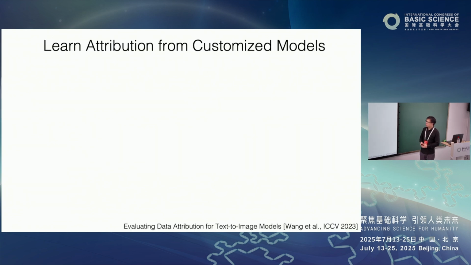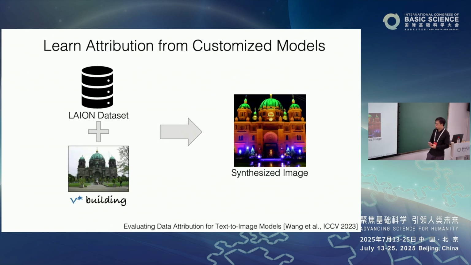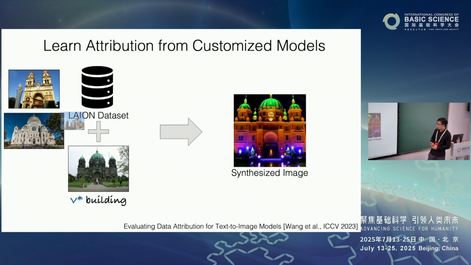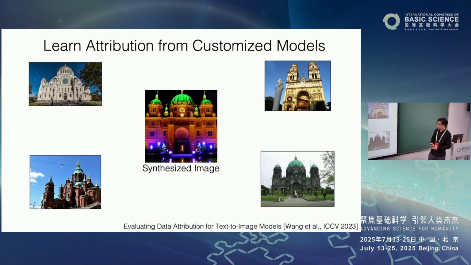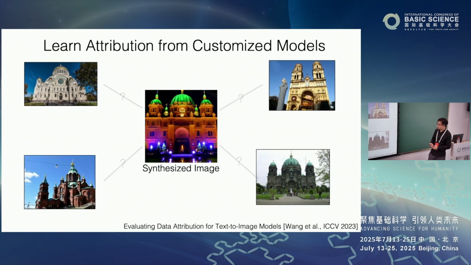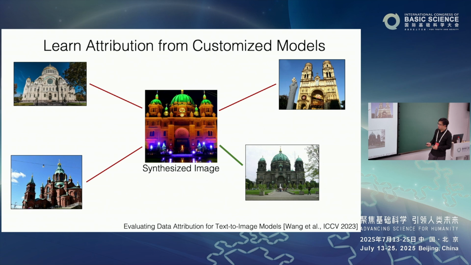Okay. Now, given these fine-tuned models, we can learn a function which can associate these particular generated images closer to their ground truth training images and far away from other random building images, right?